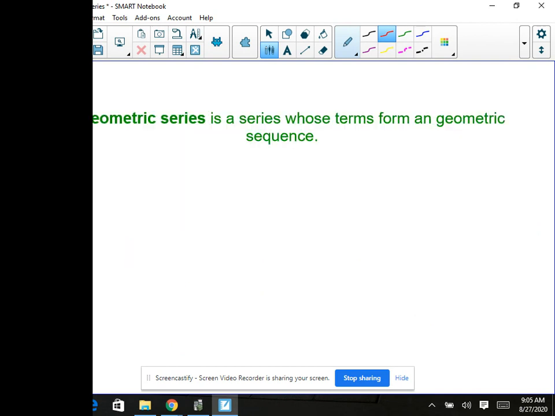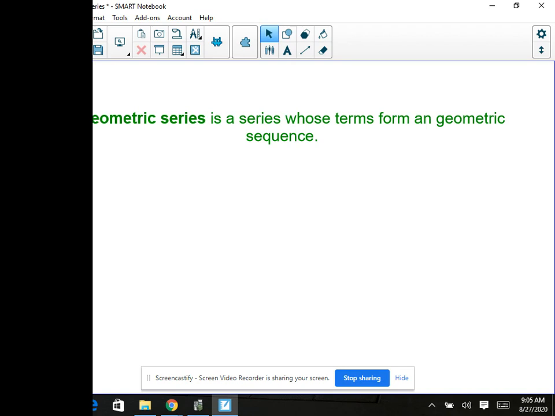So let's look at a little bit of geometric. So a geometric series is just a series of a geometric sequence, okay? So we're multiplying.